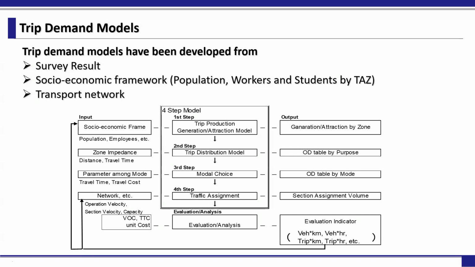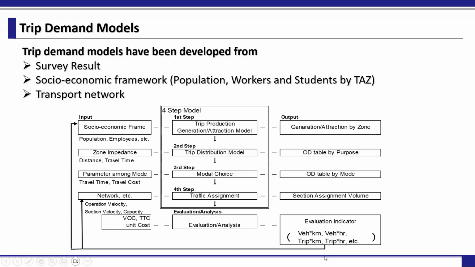The purpose is to develop such figures, which is very long and annoying work, and some evaluation indicators, including vehicle kilometers, vehicle hours, passenger kilometers, and passenger hours, are developed.